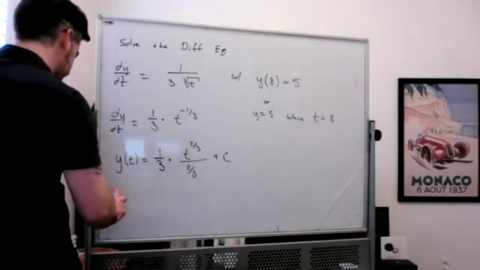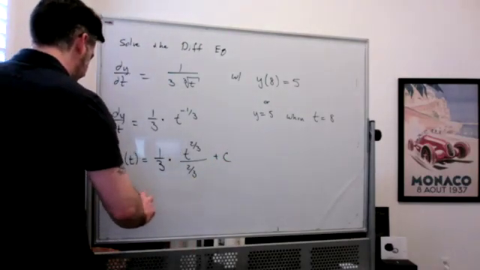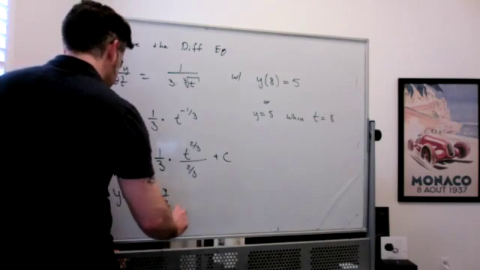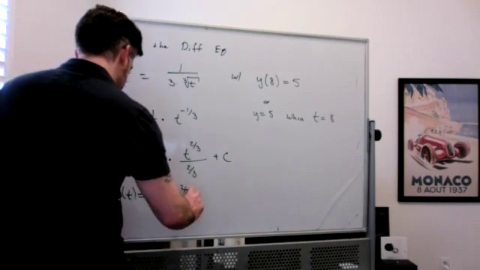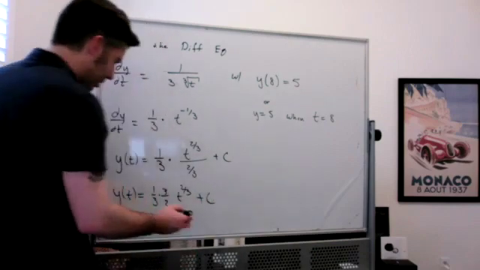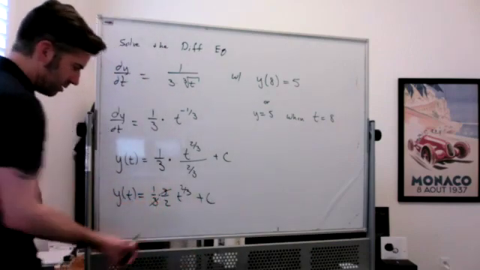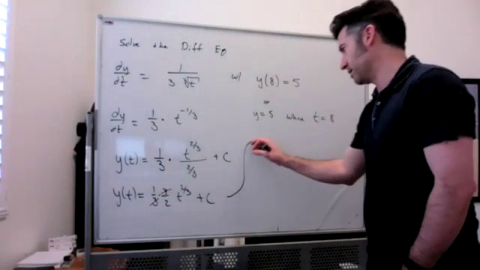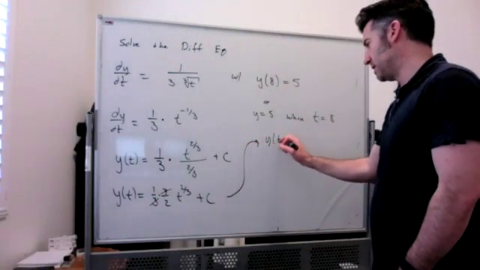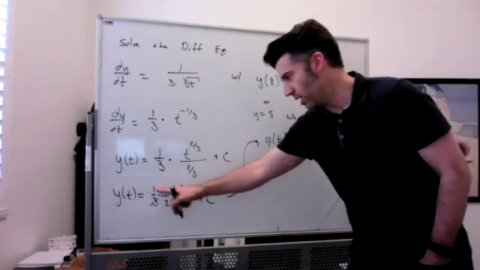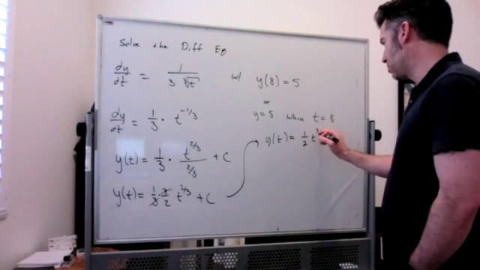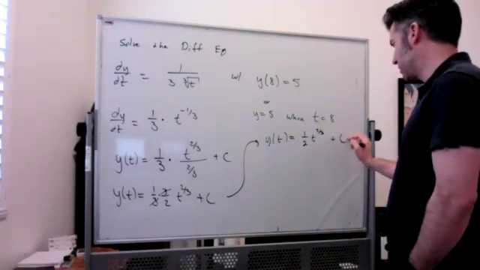So rewriting it just a little bit, I've got y of t equals 1/3 times 3/2 times t to the 2/3 plus c. So the 3's cancel here. And before plugging in my initial conditions, I can write this as y of t equals 1/2 t to the 2/3 plus c.